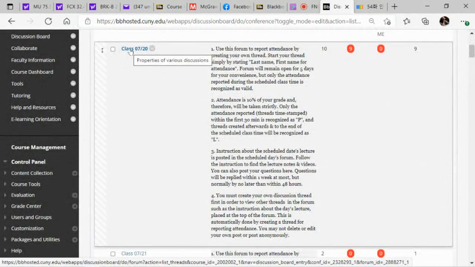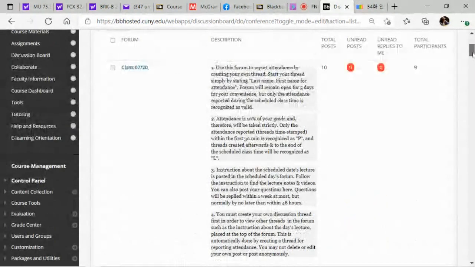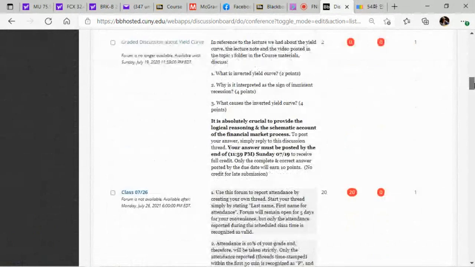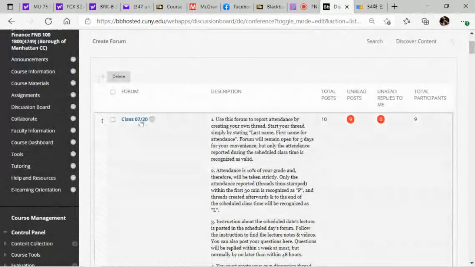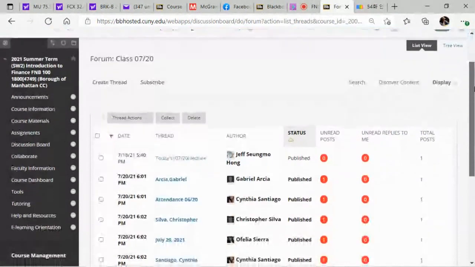Right now, this is the only forum that you can see. I have already built a forum for every day in there, but only today's forum is visible.